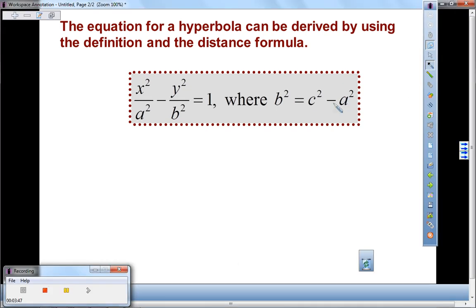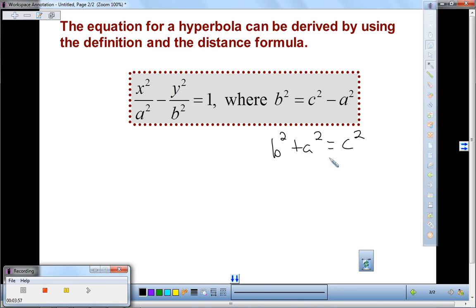It may be helpful to have this rearranged when we're solving for c squared. So b squared plus a squared would be equal to c squared, for solving for c, which we'll do later. Okay, so this is the equation of a hyperbola.